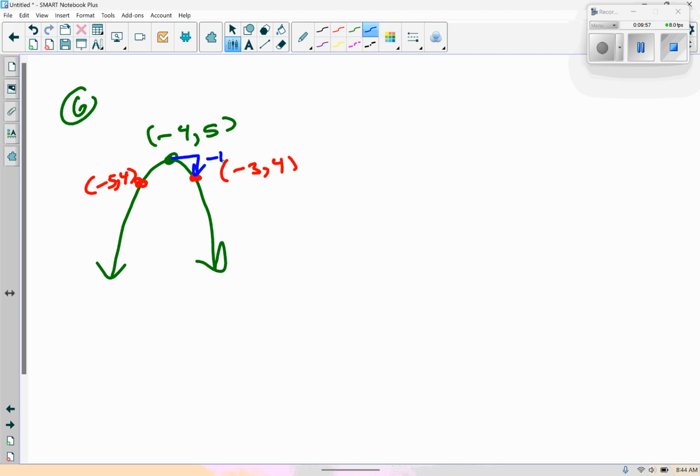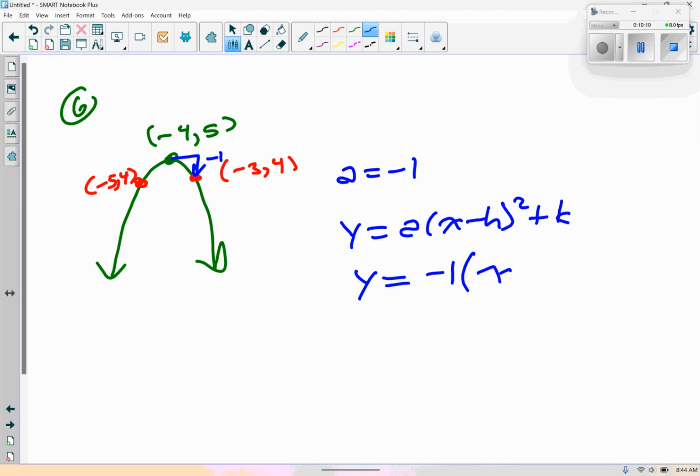So that means it's negative, so our a value has to be -1. So I have y equals a(x minus h) quantity squared plus k. So I'm going to get y equals -1(x. See how that's a -4? It's going to be a +4 here. And then this 5 stays positive. And there's our equation.